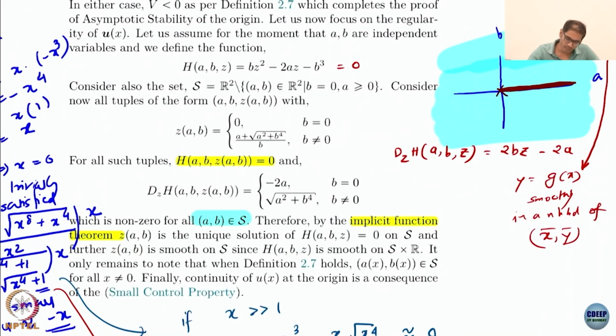The only thing we need to note is that when definition 2.7 holds, your a and b are always in the set S. That is, if you have a CLF, then your a, b are always in the set S. So on this set S, I have already shown that z(a,b) is a unique smooth solution.